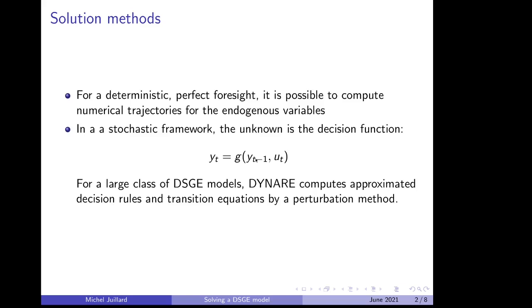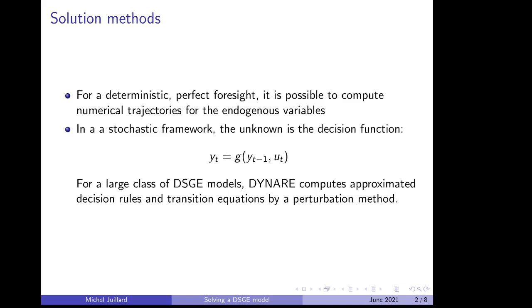We postulate there exists an unknown function that establishes, given the previous state of the system, yt minus 1, and the random shock we observe at the beginning of the period, the value for this period, yt.